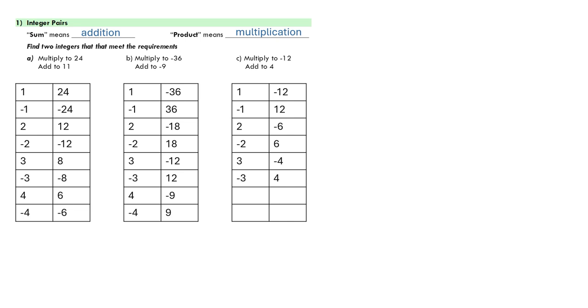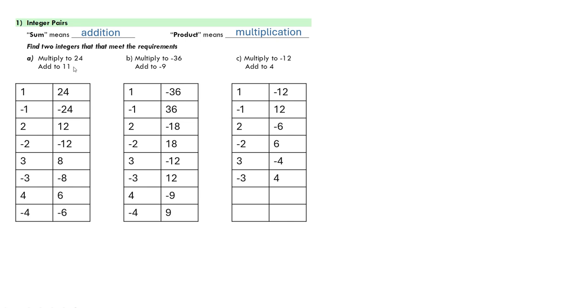In this example, we're asked to find two integers that meet the requirements. The requirements in each of these cases is to find a pair of numbers that multiply to, in this case, 24, and add together to be 11.